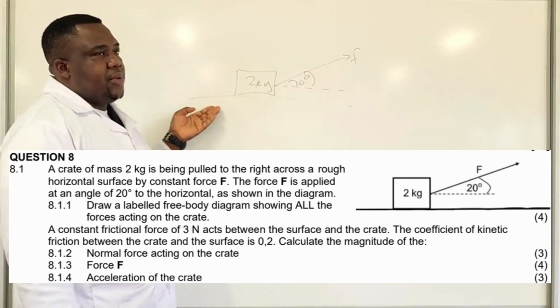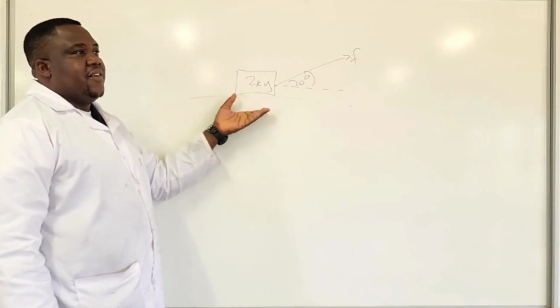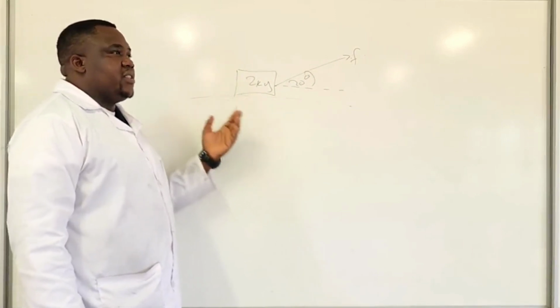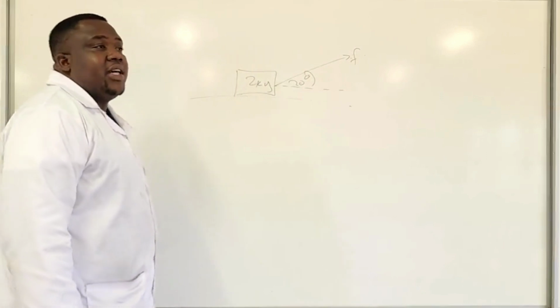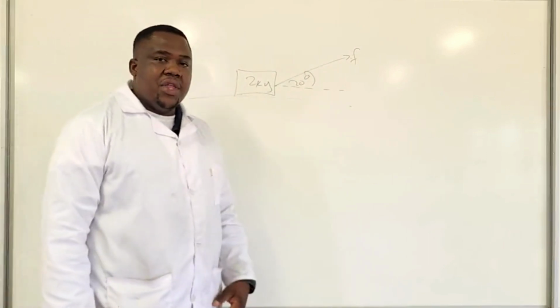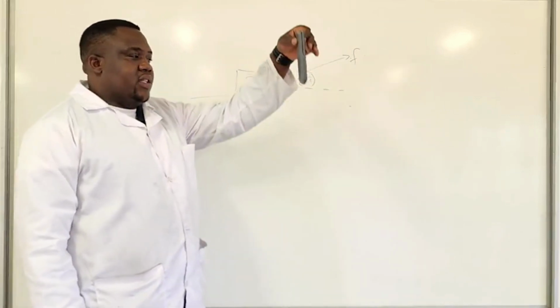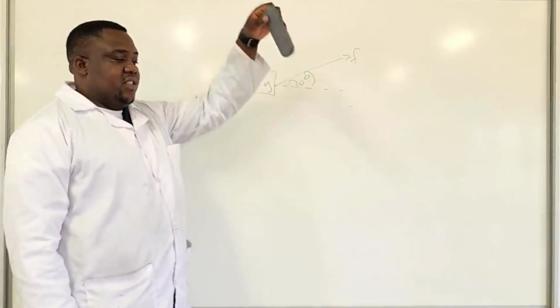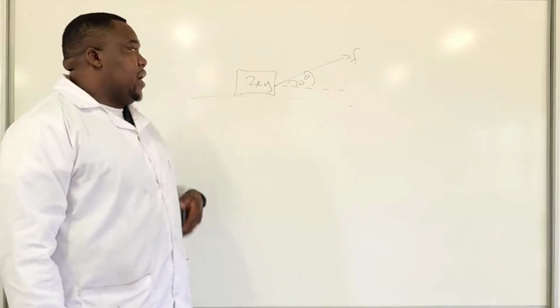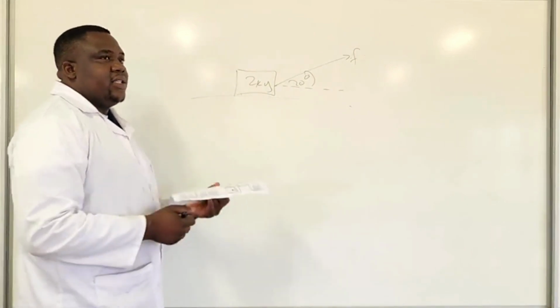Normal force is going to act because this object is on the surface. Remember, normal force is a force that the surface exerts on an object it is in contact with. The only time when normal force does not act is when an object does not have a surface, is moving in the air.